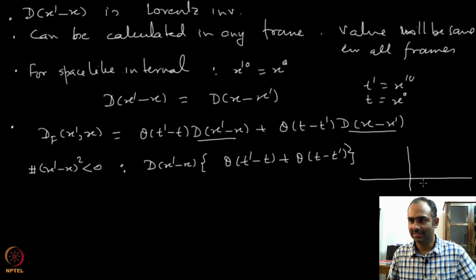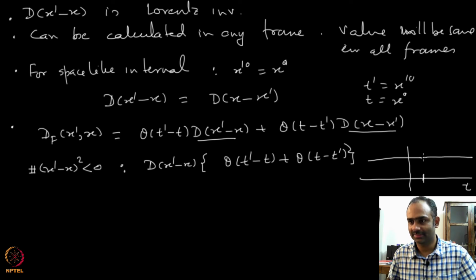So, let us choose this to be t and choose t prime to be something. So, you see one function gives you unit when you are below this, the other theta gives you this one. Okay, one is giving you this, the other theta is giving you this. So, the sum of the two is 1 all over.